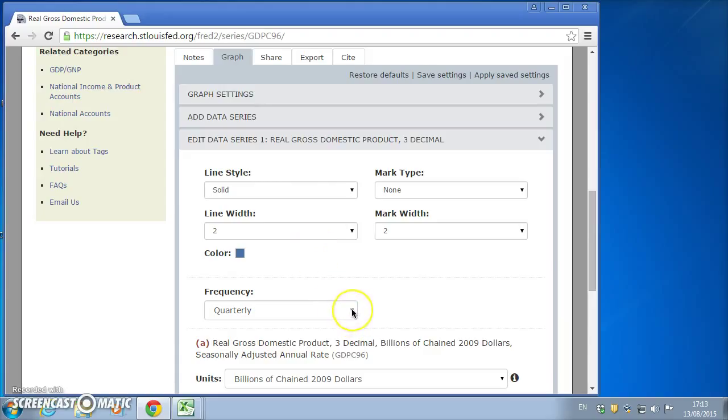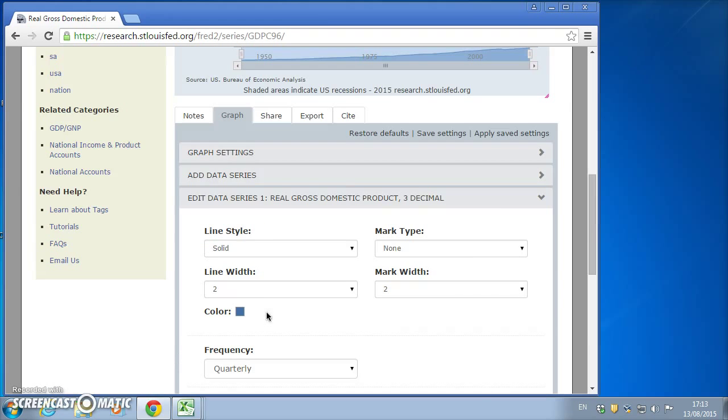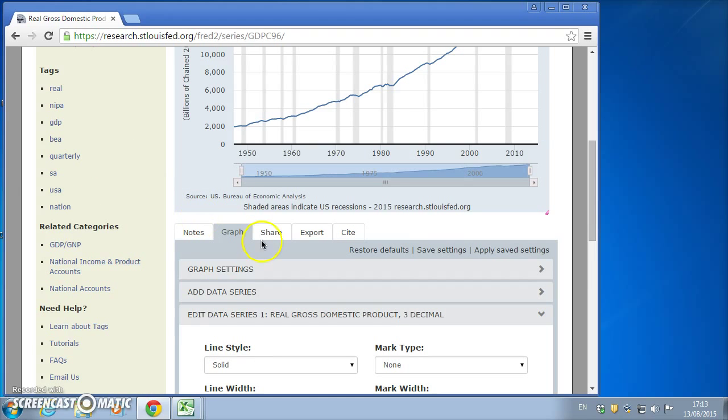It's quarterly. We don't generally get higher frequency for GDP, although industrial production, which I've looked at in another video clip on YouTube, is monthly. So let's download this data.